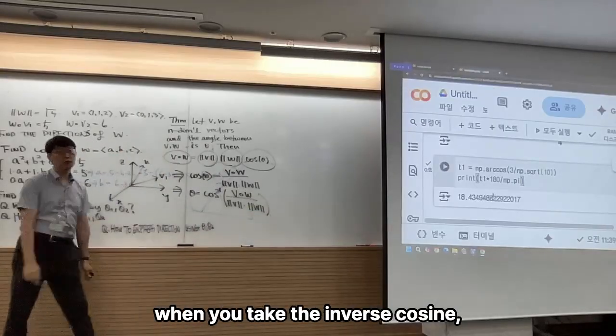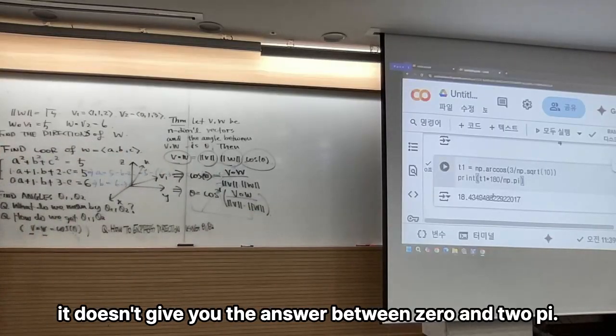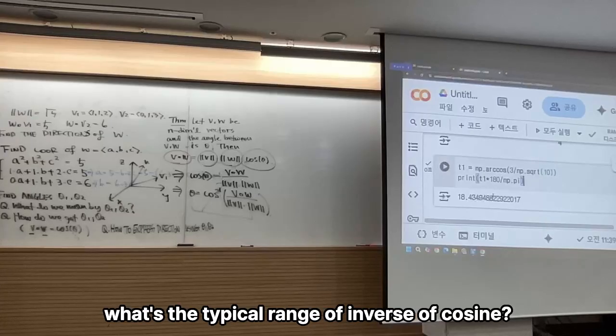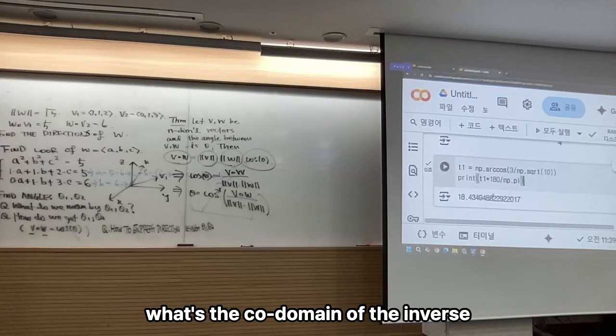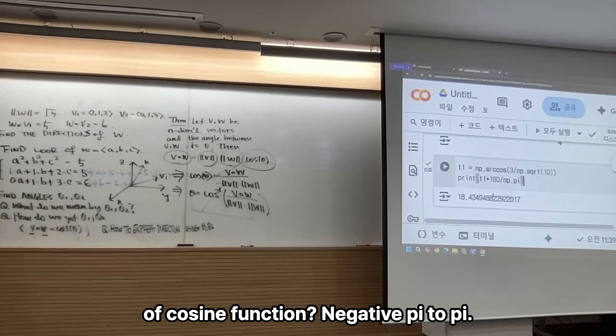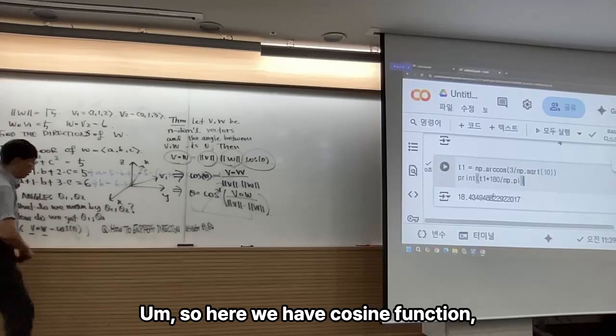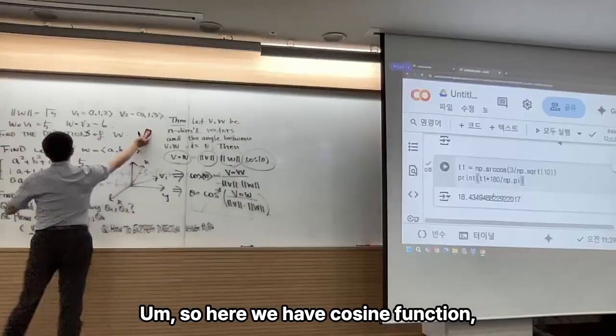Okay. So by the way, when you take the inverse cosine, it doesn't give you the answer between 0 and 2 pi. What's the typical range of inverse of cosine? What's the codomain of the inverse of cosine function? Negative pi to pi.